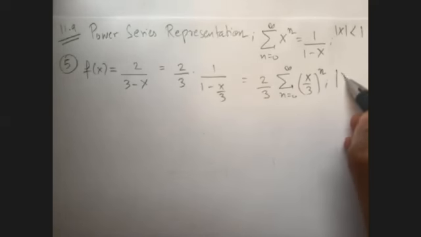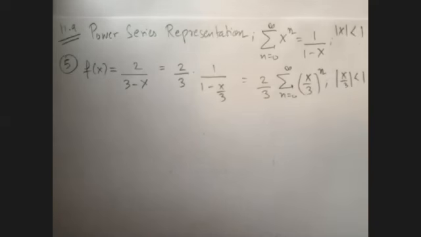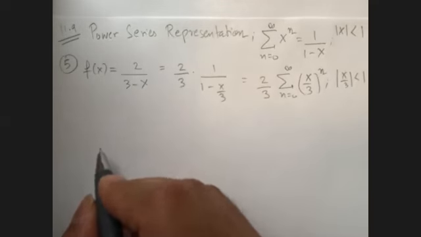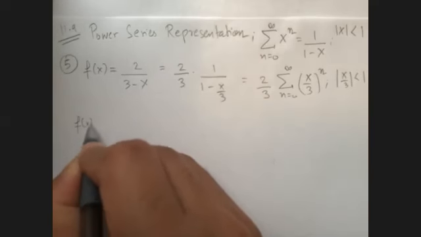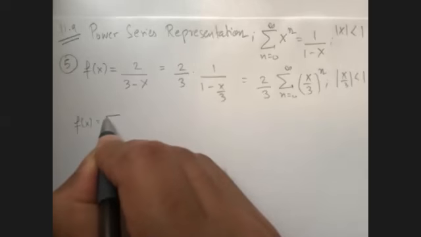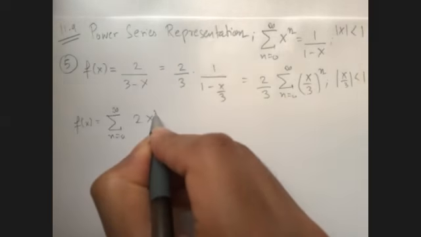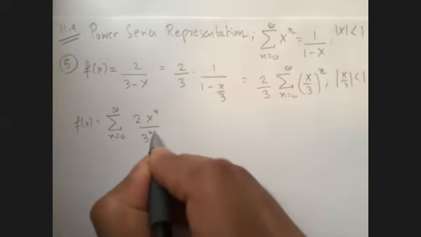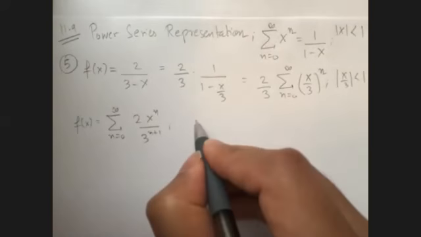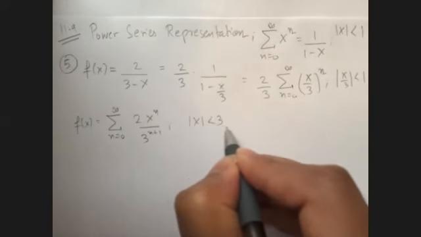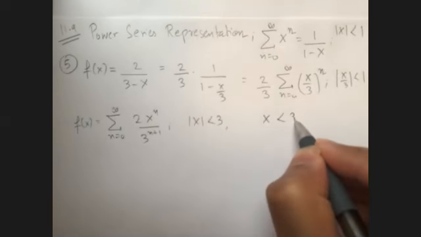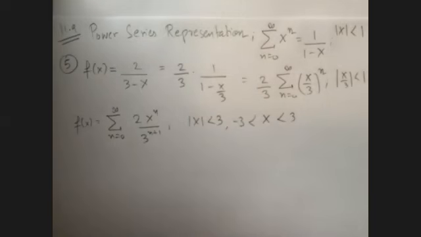So this means f of x equals 2 ... or the interval of convergence is negative 3 to 3.